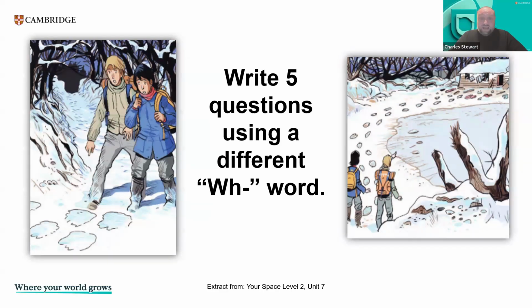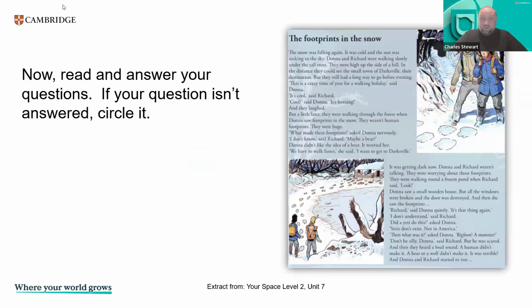Okay, so after my students have each written 5 questions, one question with who, one with what, where, when, and why, then I would give them the reading task. And I would ask them, so read the story and answer your questions. If your question isn't answered, circle it.